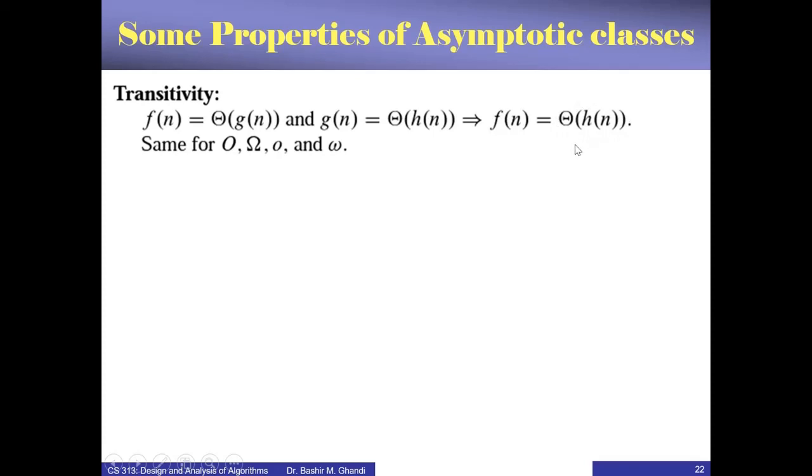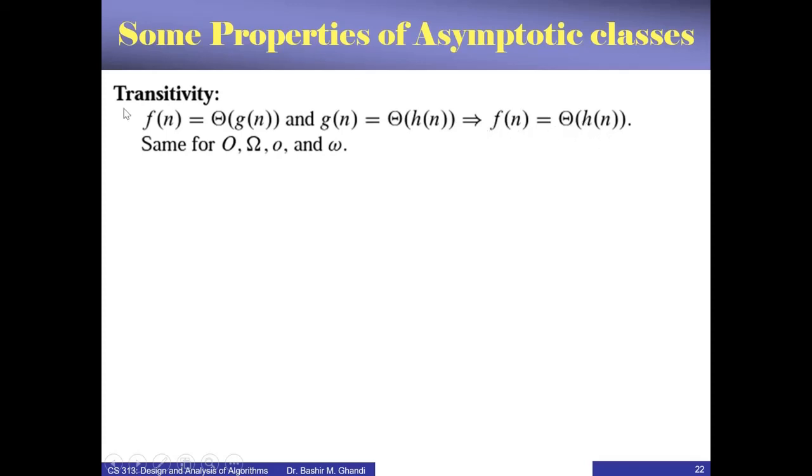Yeah, this is obvious because what we are saying is if Fn is equal to Gn and Gn is equal to Hn, remember theta is very much like saying equal. So if Fn is equal to Gn and Gn is equal to Hn, definitely Fn is equal to Hn as well.